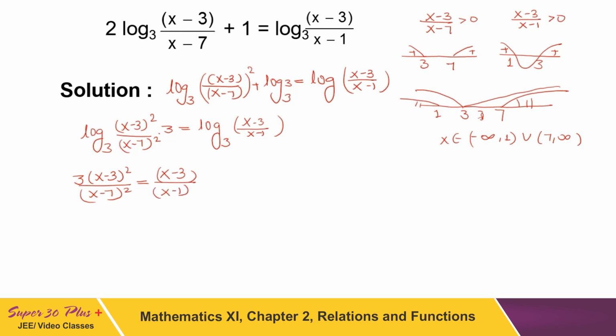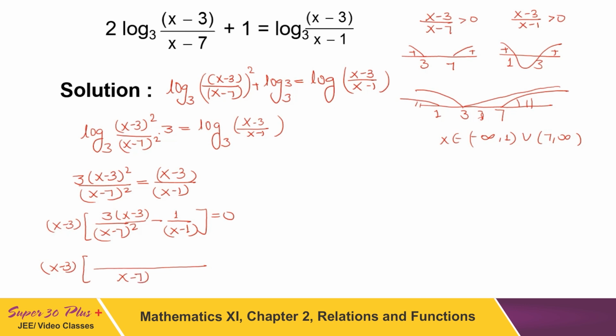Now simplify it. We take x minus 3 common, and it will become 3 upon (x minus 7) whole square into (x minus 3) minus 1 upon x minus 1 is equal to 0. Now solve it. It is (x minus 3) whole upon, the LCM is here, (x minus 7) whole square (x minus 1). Now simplify it: 3 times (x minus 3) minus (x minus 7) whole square is equal to 0.